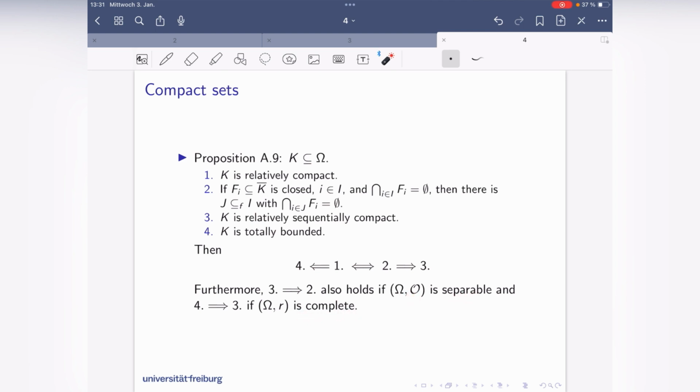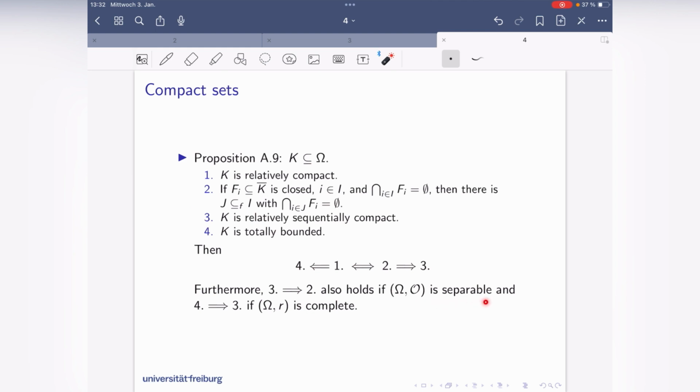We had this last time. So in general, only 1 and 2 are the same, relatively compact and this here. But if omega is separable, then you can also come from relatively compact to relatively sequentially compact. Wait a moment, no. This direction is always the case: from compact it follows sequentially compact.